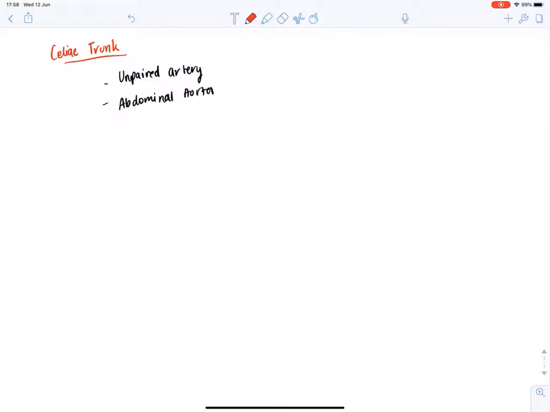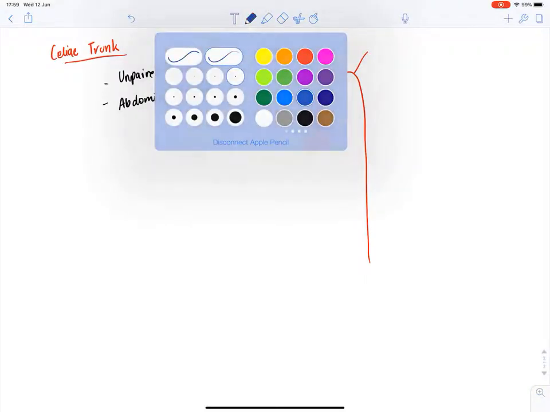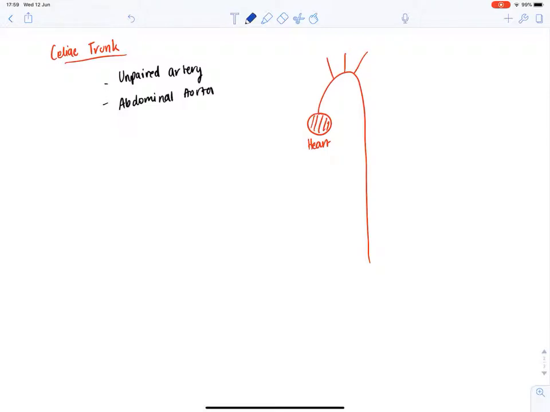Before we move on, I'm just going to talk a little bit about the different parts of the aorta, so I'm going to draw a rough sketch to demonstrate that. If we imagine this round blob as the heart, obviously your heart does not look like that, but for ease I'm going to do so. The part of the aorta that ascends from the heart is known as the ascending aorta.